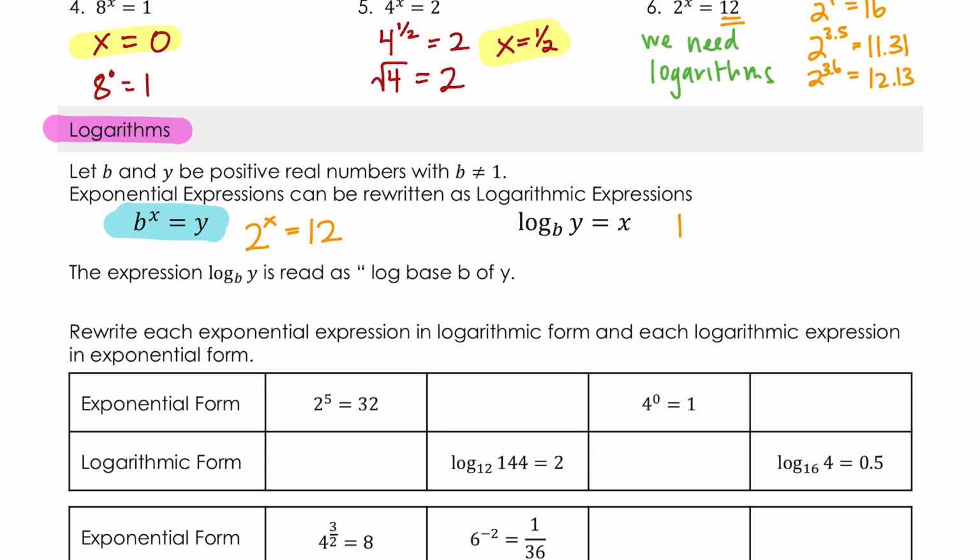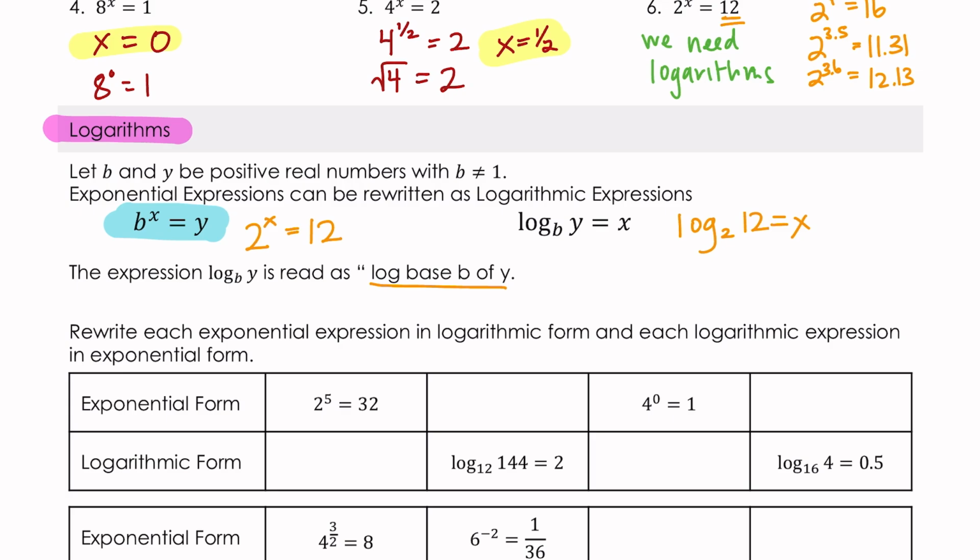So this will be log base 2 of 12 equals x. As I just read that, it's log base b of y. So log base 2 of 12 equals x.